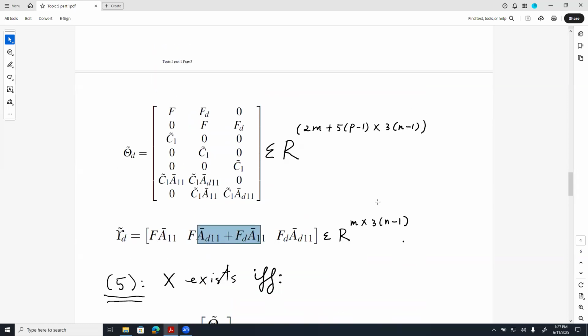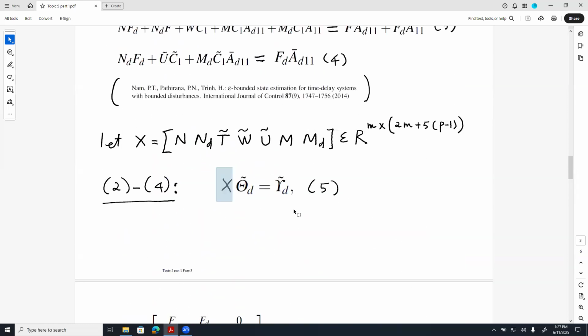So this is an equation, and we want to know, can we solve for this unknown matrix X?